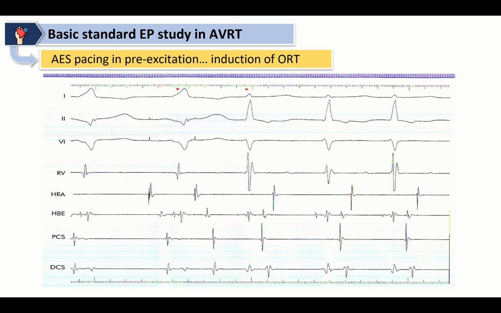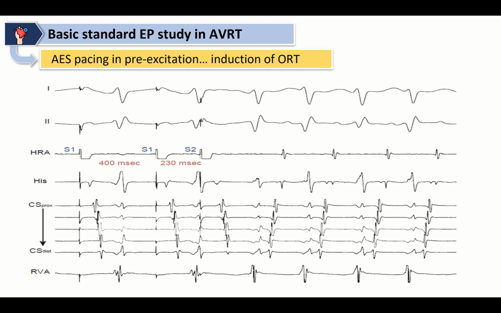Here we can appreciate pre-excitation, then give S2, sudden loss of pre-excitation on the ECG, leads 1 to aVF, and initiation of tachycardia, a narrow complex tachycardia, RB more than 90 milliseconds and VA more than 70 milliseconds, and induction of tachycardia with earliest retrograde atrial activation at CS 1 and 2.